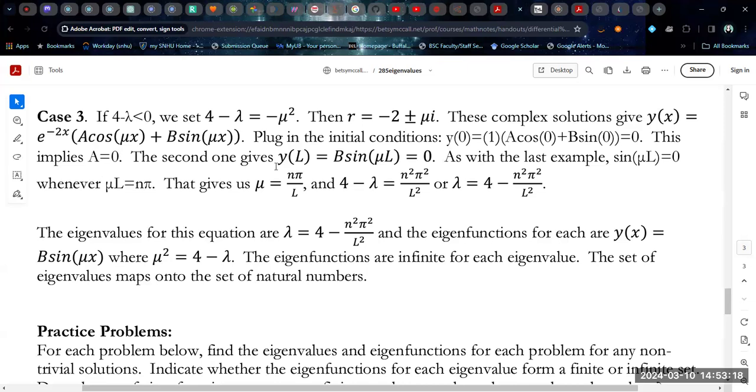And then the second one, again, the exponential part can never be 0, and as far as the sine goes, it's just a constant at this point.